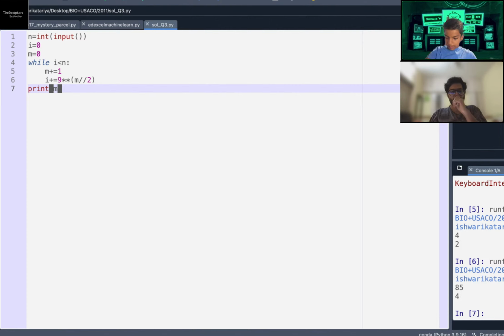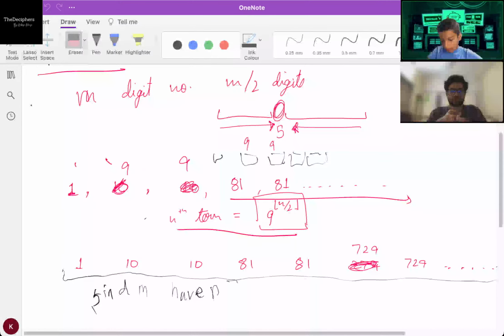Where is my mouse? There it is. There we go.